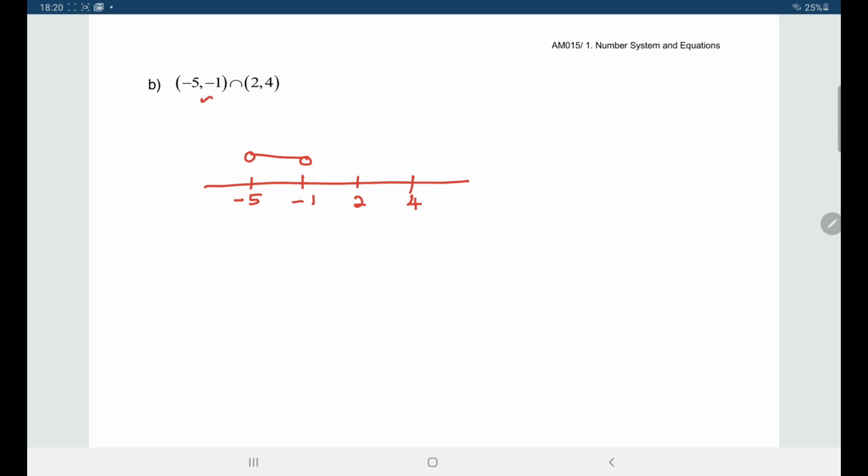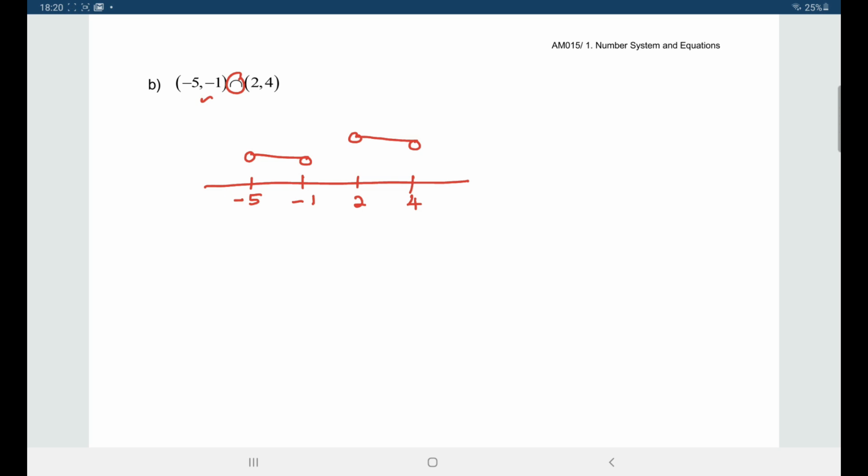Okay, the next interval is from 2 to 4. At number 2 and number 4, also empty circles because they are not included. What is the solution? Okay, we go to the solution. Refer to the sign. The sign is intersection. Okay, what is the intersection?